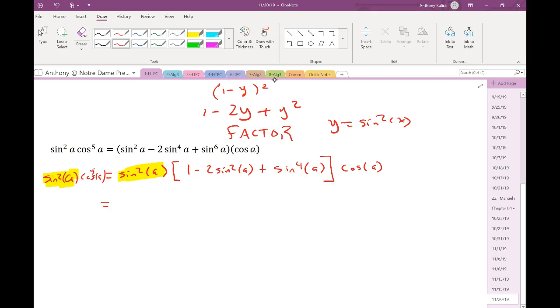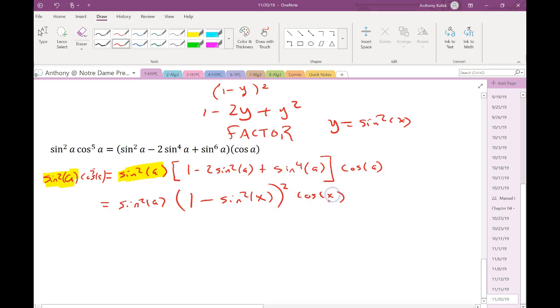I'm going to guarantee you that when we fill things in now, we're going to... Everybody okay with that? To see the factoring? Okay. So remember that y is sine squared. So that's what we factored it down to. Everybody okay with the factor?